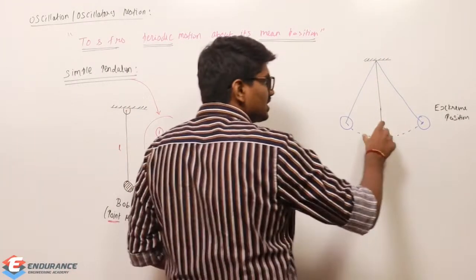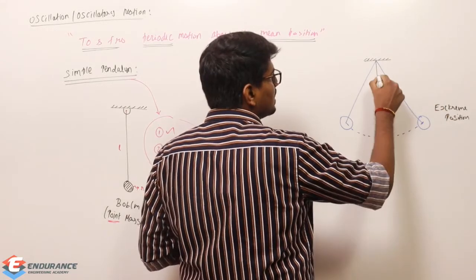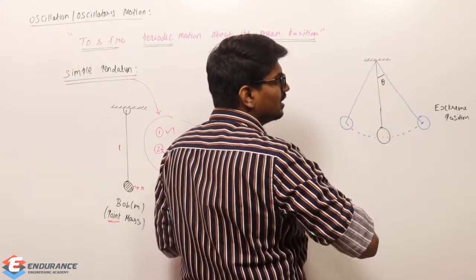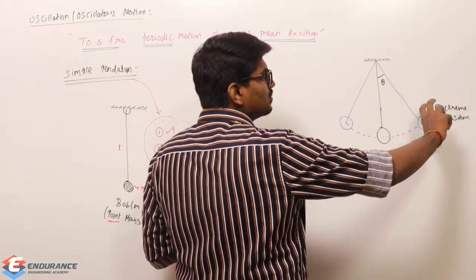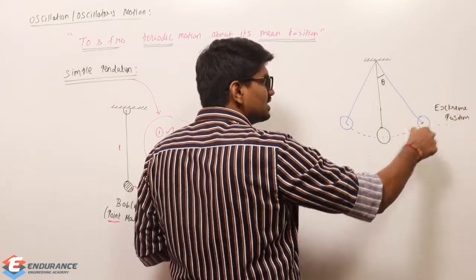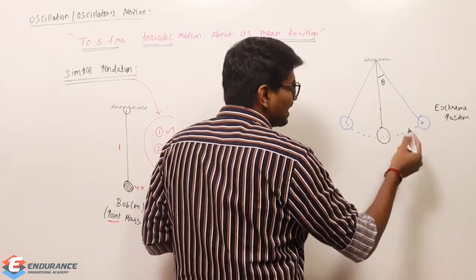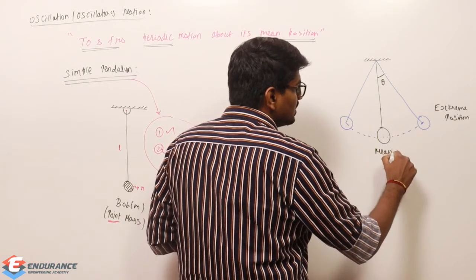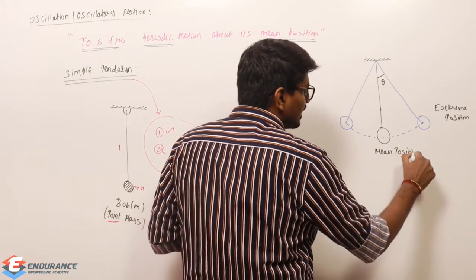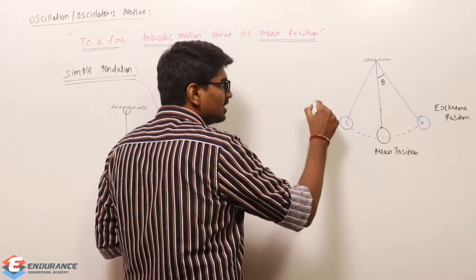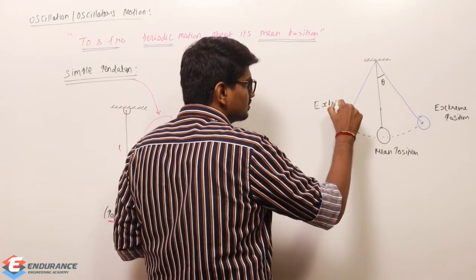So if I lift it to the extreme position, let us take an angle theta, and I leave it, obviously it is going to come back. It will reach the mean position, continue to move, and then reach the other extreme position.